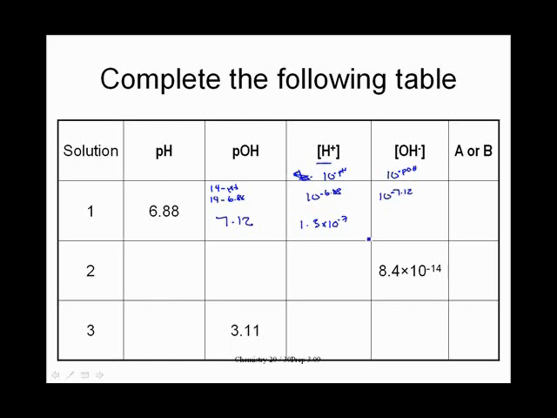And so we get 7.6 times 10 to the negative 8. And these are moles per liter. So we'll just put the units up here so we don't have to put it in each box. So this is moles per liter. This would be moles per liter.